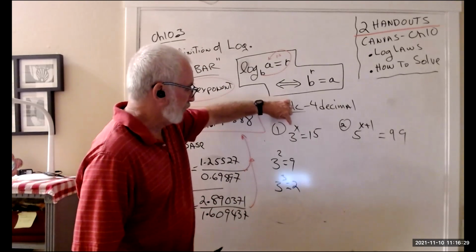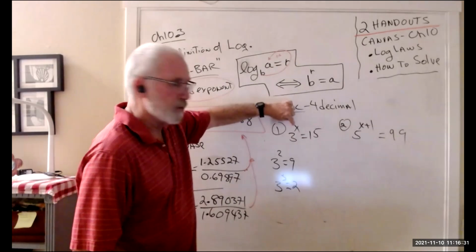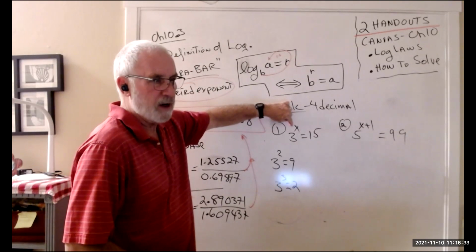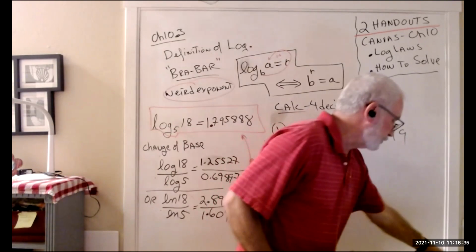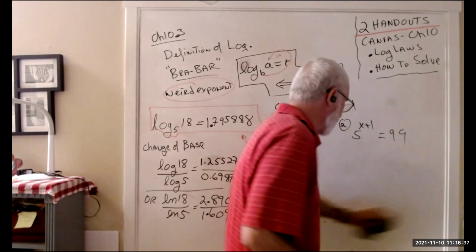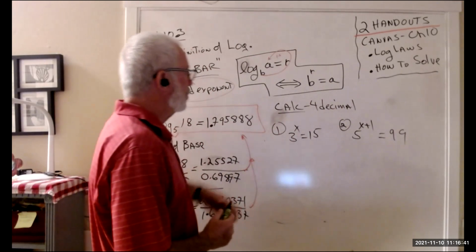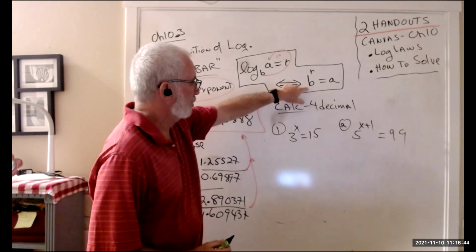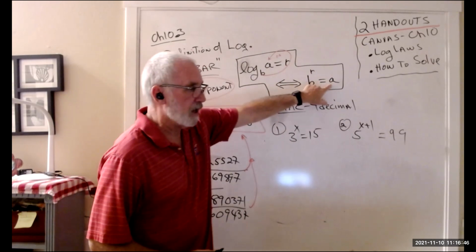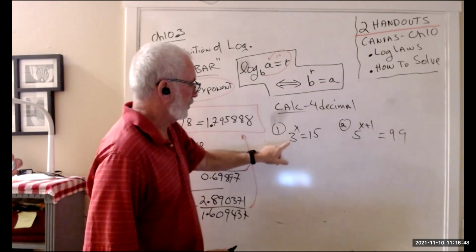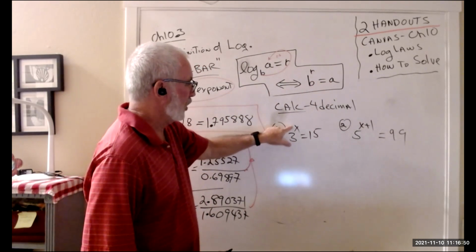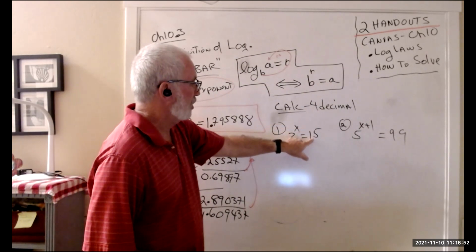So I know this has to be somewhere between 2 and 3, but I have no clue what. So this is where we utilize our Brabar rule. This is B to the R equals A. That's what this is. B to the R equals A.